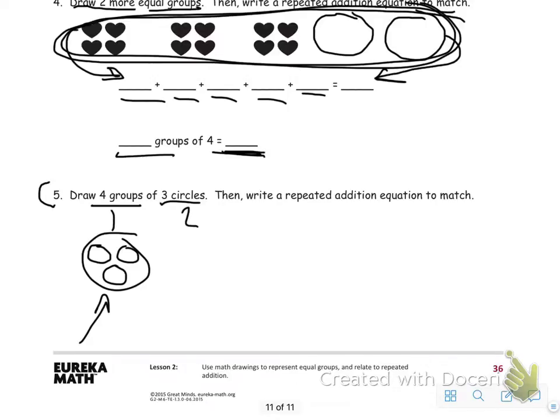So I go 2, 3, and 4, and make sure that I have a group for each of these, and they should each have 3 circles in it, and then it would be blank plus blank plus blank plus blank equals blank. Alright, so why don't you go ahead and give that a shot.